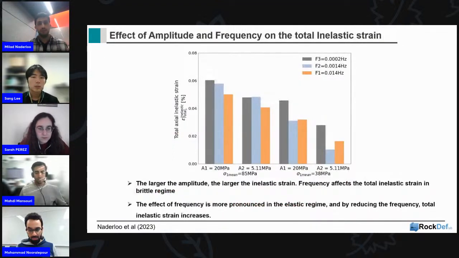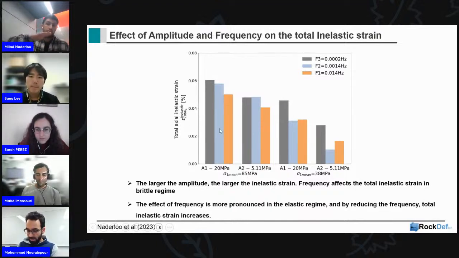So I directly jump to the cherry on top of the cake, the result that gives a total picture. Here on the left-hand side, we can see the total axial inelastic deformation, again, how much we could compact our reservoir rock, with different amplitude and different frequency.